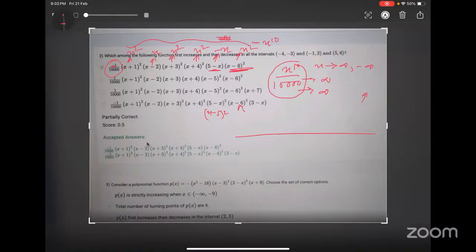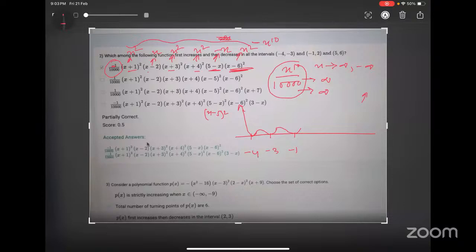Then we have the roots. The first negative root is -4 with multiplicity 2, so it bounces. Then we have -3, again with 2, so it bounces. Then -1, again with 2, it bounces.